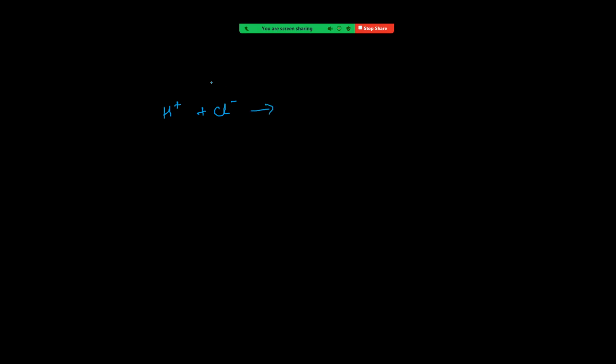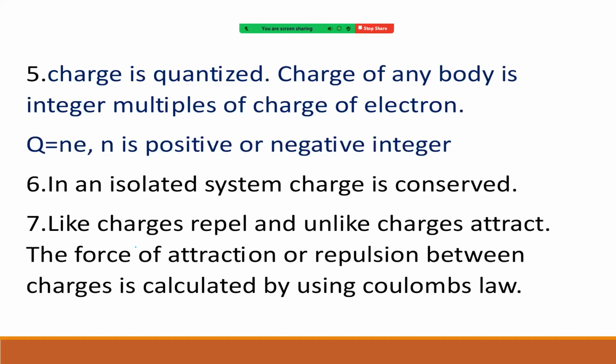Now for this system, what is the charge? This is plus and this is minus, so for the system the total charge is 0. When these two are added, we get HCl, and its charge is 0. That means when you are taking a system, the total charge of the system is constant. That is the meaning of charge is conserved.